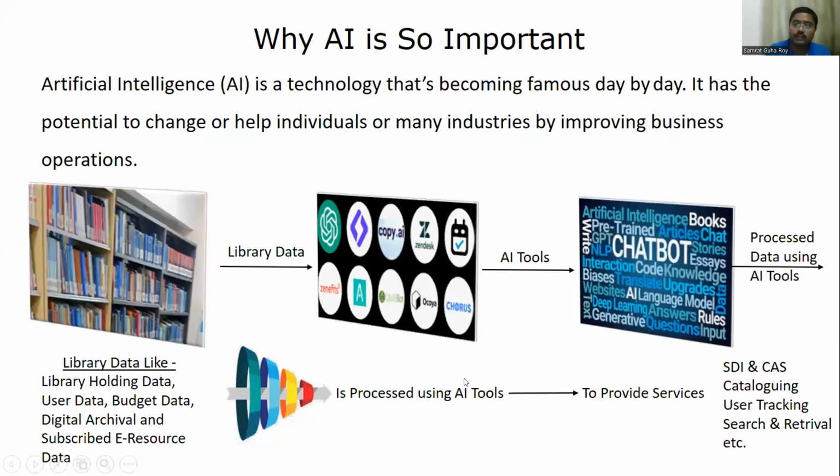But after the second session, I will be discussing the more concerning areas of using AI. For example, we are working with the library budget. So what are the safety and security measures the users or the librarians must take to preserve or protect their information? Another one is the user data.